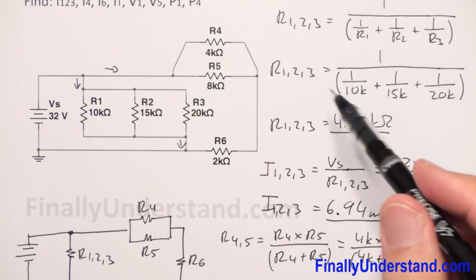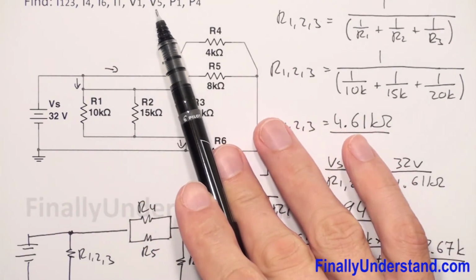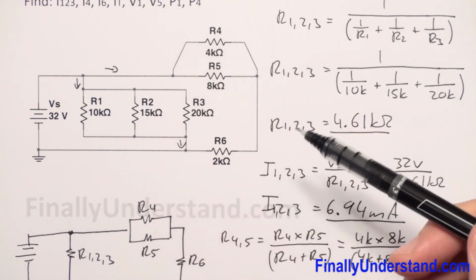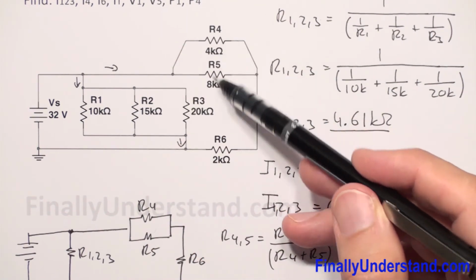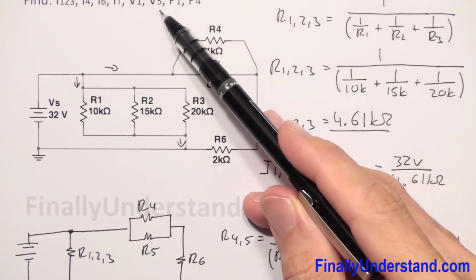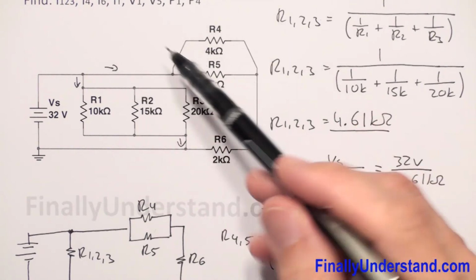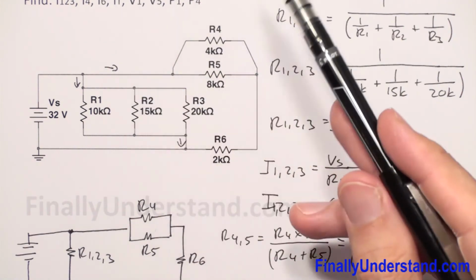Next, I'm supposed to find I4 and I'm supposed to find V5. So what I'm going to do right now is find the voltage across these two resistors first. Why? Because I have to find V5 and I'm supposed to find I4. So this voltage will help me to find I4 as well.